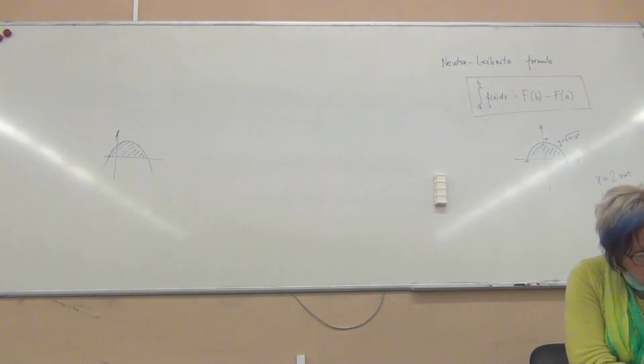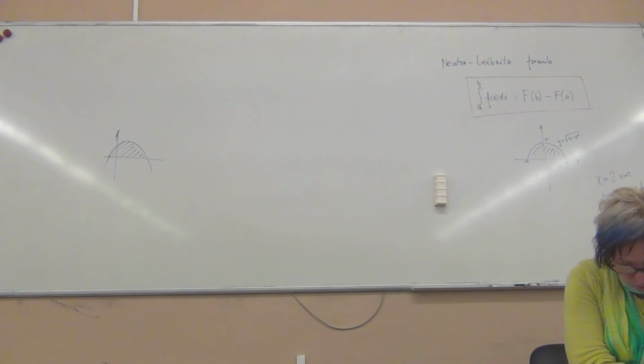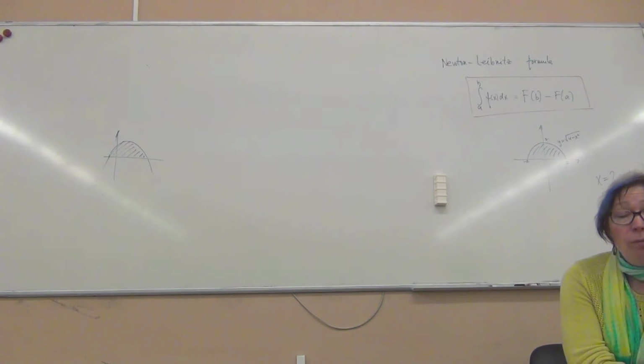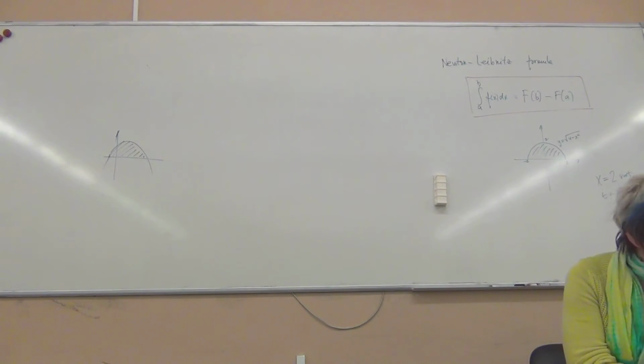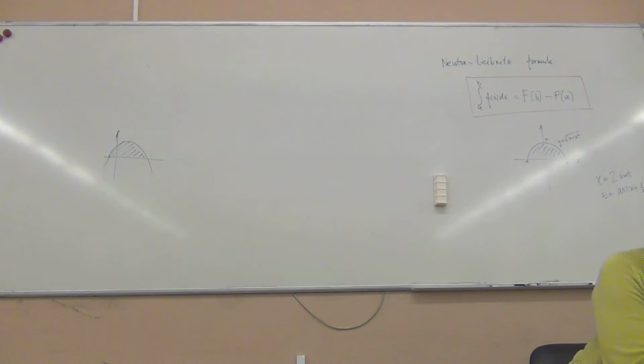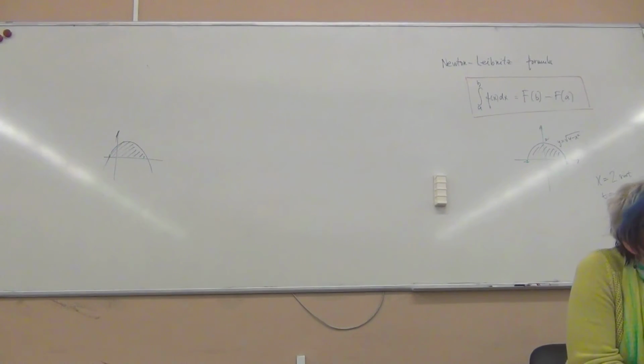How to solve the integral from A to infinity? First of all, you integrate, and then you put infinity as one boundary and see what happens. It depends on the function.